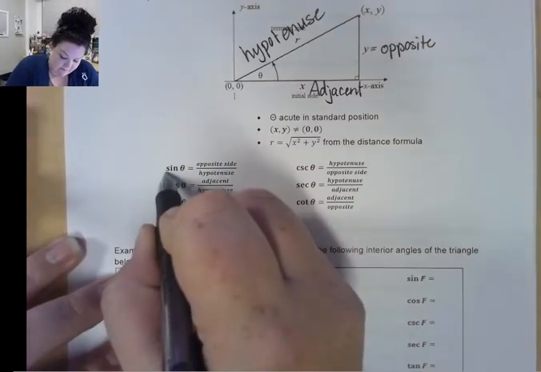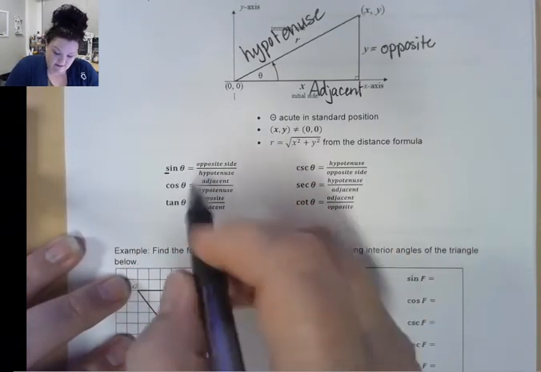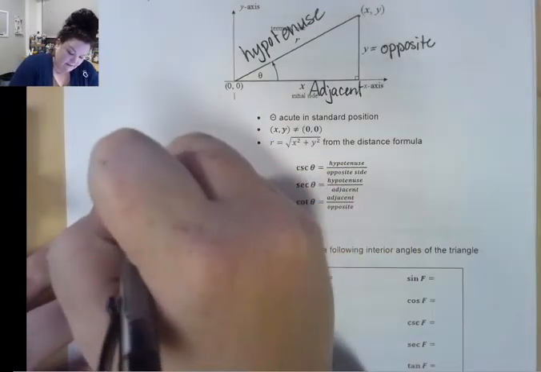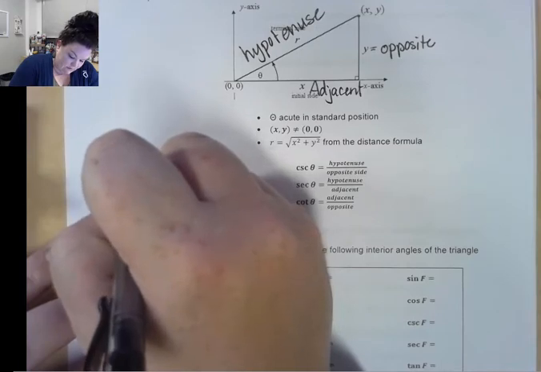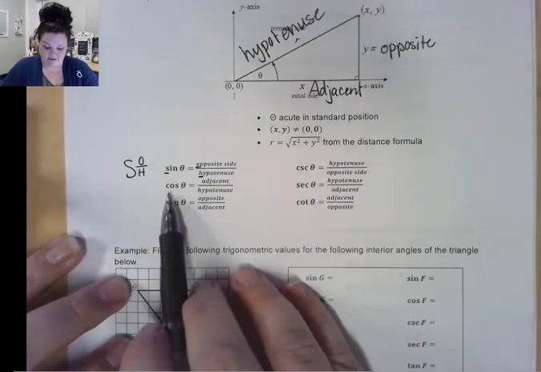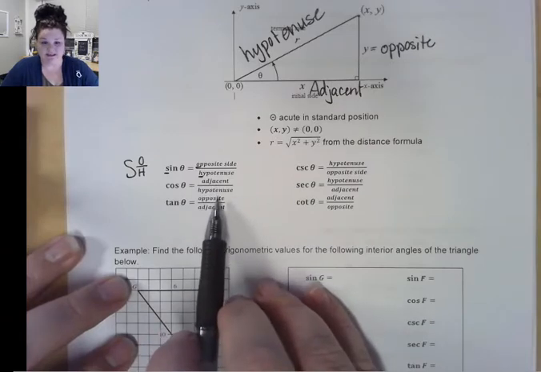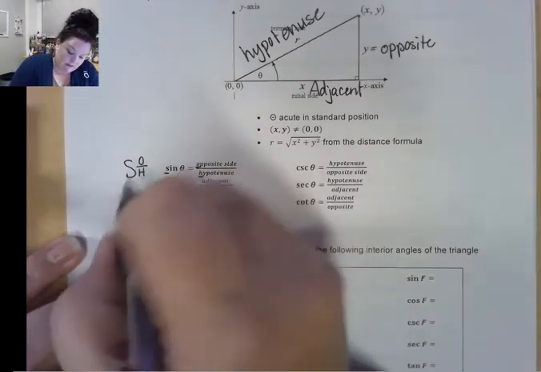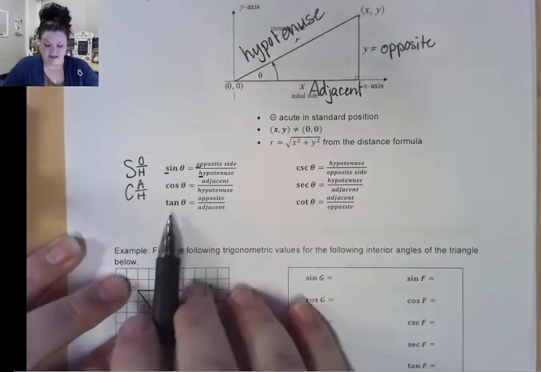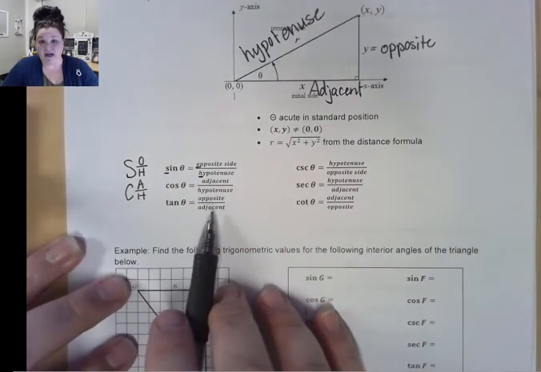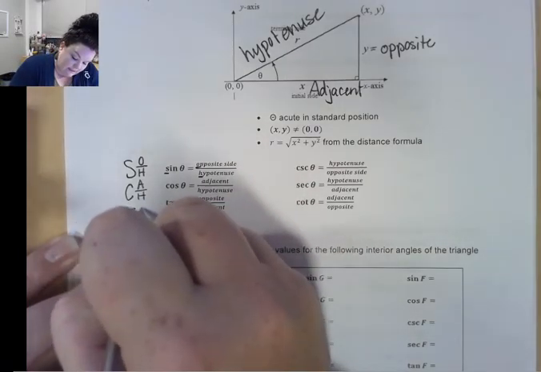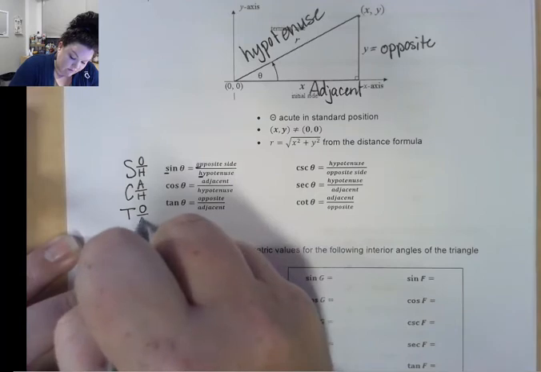If you just take the first letters, sine is opposite over hypotenuse, so I like to write it as S is O over H. Same thing with cosine. Instead of x over r, we're going to say adjacent over hypotenuse, so cosine is A over H. And then tangent, instead of y over x, we're going to say opposite over adjacent, so that would be T is O over A.